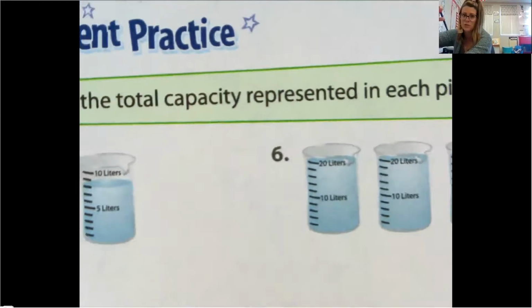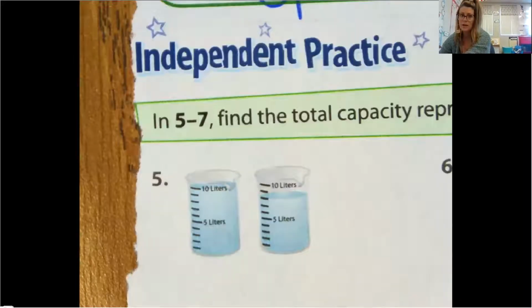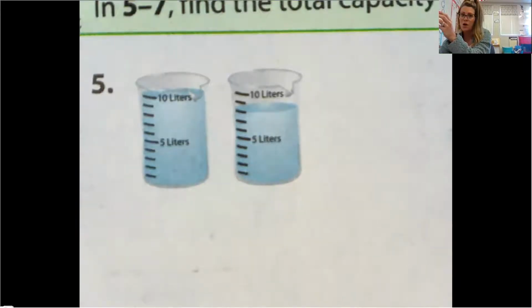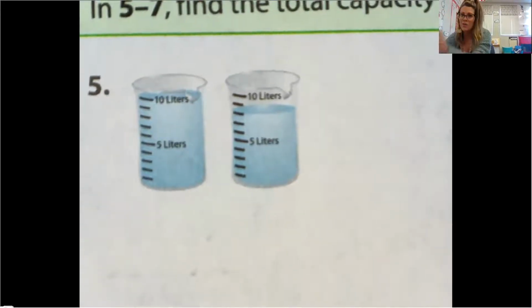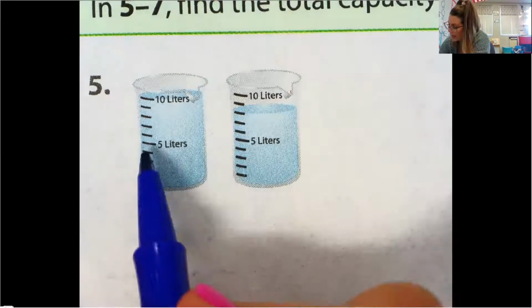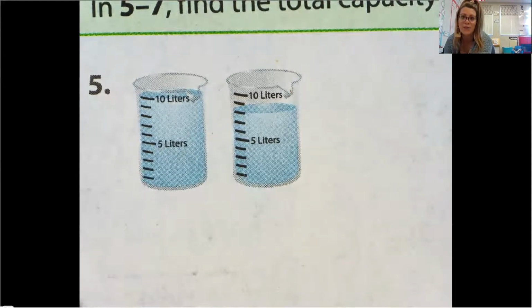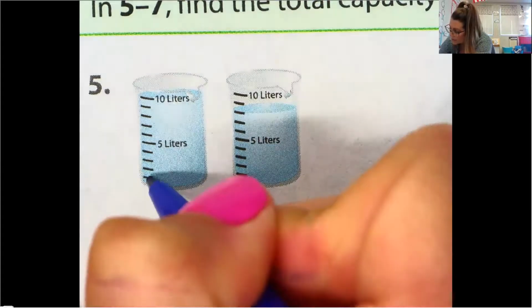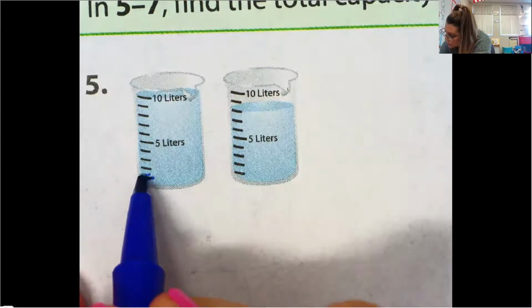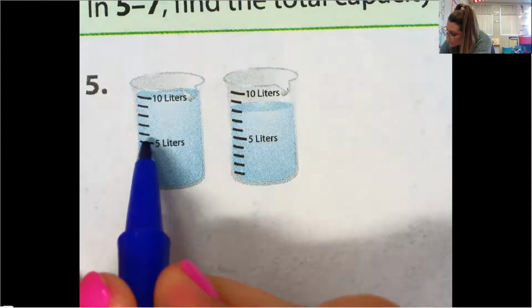Okay, I'm going to unzoom a little bit. It's kind of big. All right, if we look at number 5, oh, now the halfway mark is not a half. The halfway mark is 5. So now we really have to think about these little lines. Let's look at them. 1, 2, 3, 4, 5.